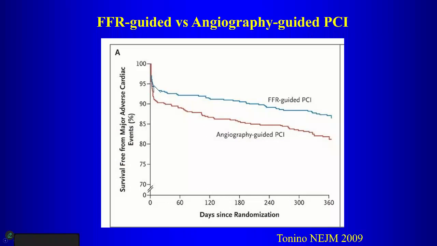Those patients where fractional flow reserve is used to guide therapy, the survival rate is better than those patients where just the angiographic appearance of the stenotic lesion is used to guide therapy. So using fractional flow reserve as a guide to decide what lesions require therapy results in better outcomes for these patients.